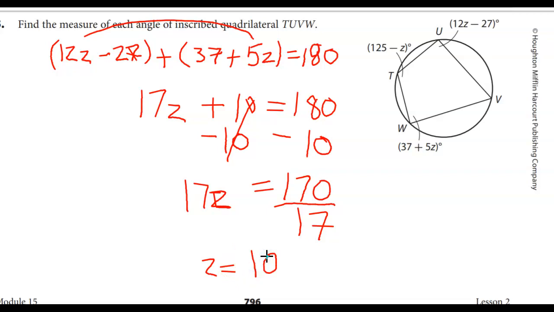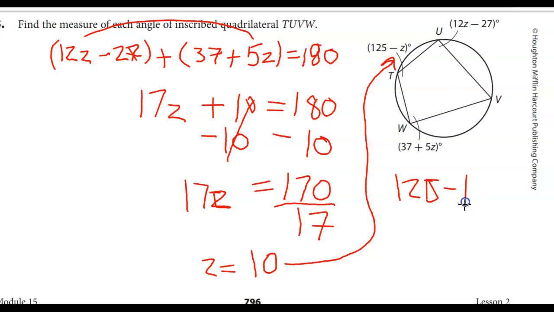Now with all that information, I can plug z in right here. So I have 125 minus 10, which gives me 115. So I know this guy's 115.